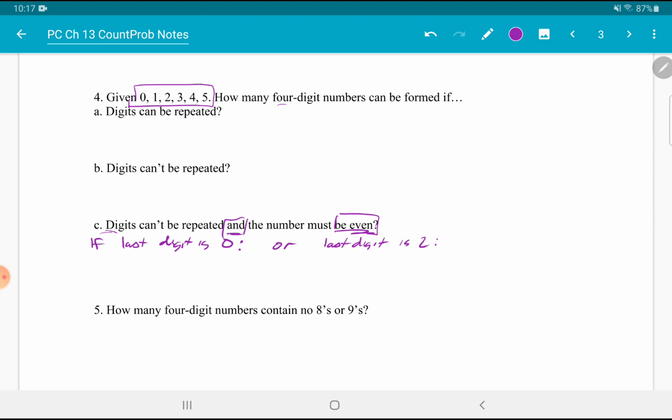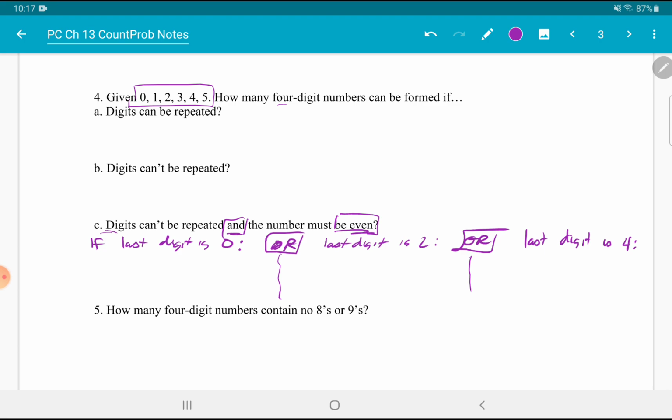That would be even. Or, and I'm just writing these ors again, and I'll put it in boxes just so that I'm separating these particular instances. Okay, or maybe the last digit is a 4. Right? Those are the possibilities that we can get an even number.